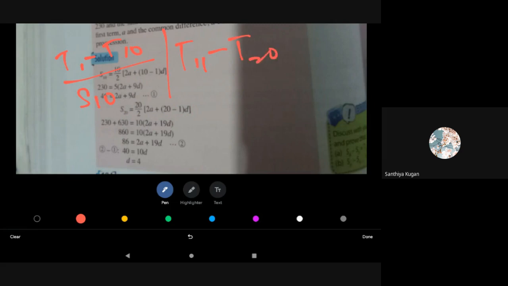If we label this one as T20, then the a must start with T11, but now we don't know the value of T11.